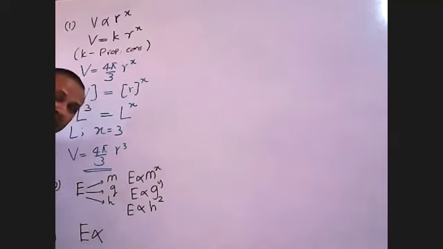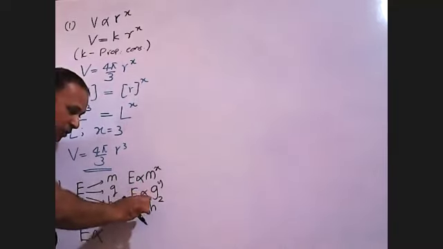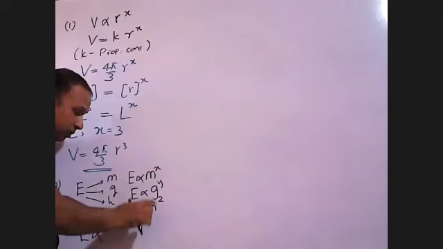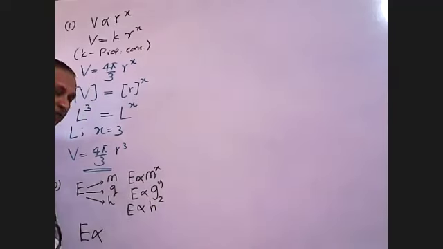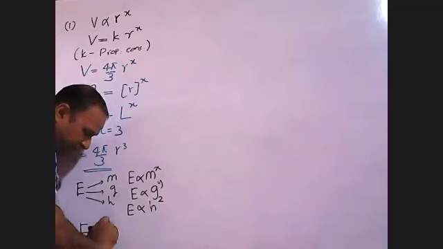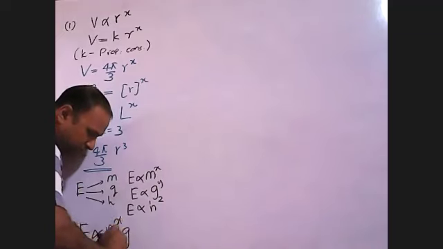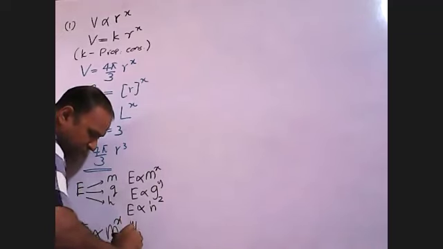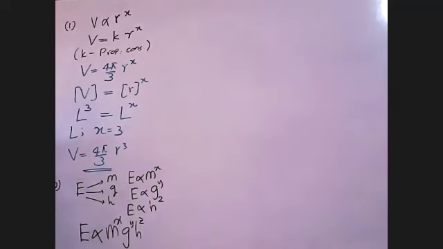If E is directly proportional separately to each variable, then I can combine this as a product. So E is directly proportional to m to the power x, g to the power y, h to the power z.